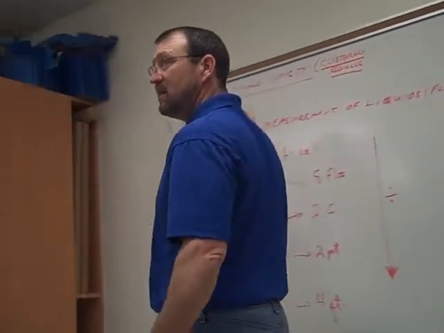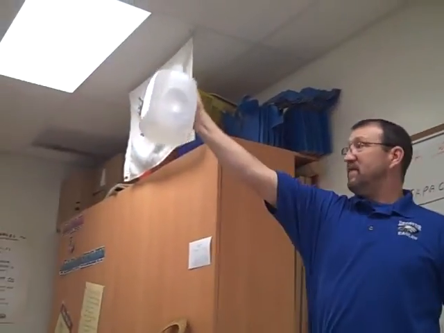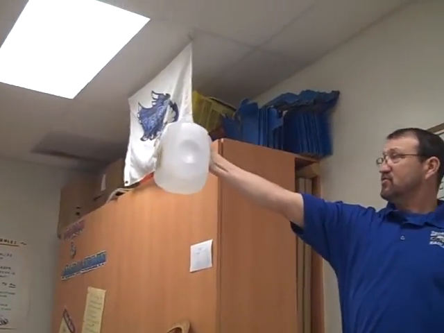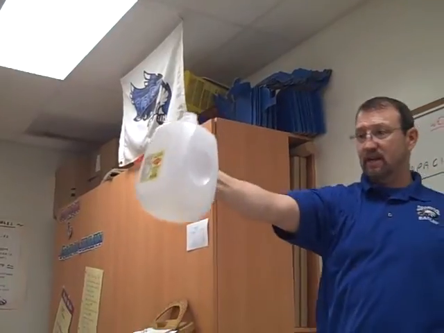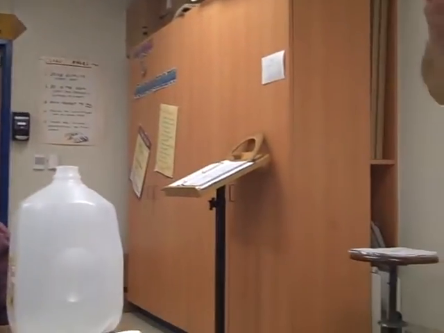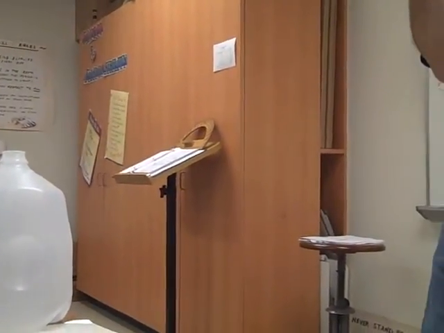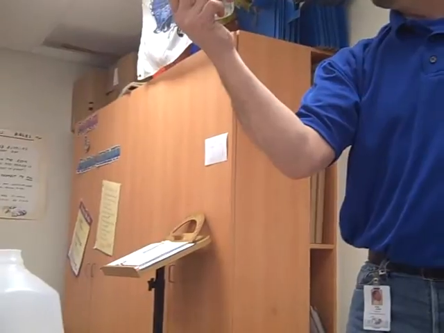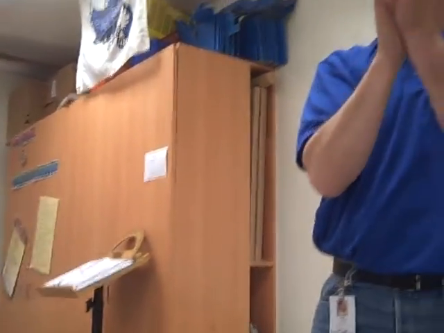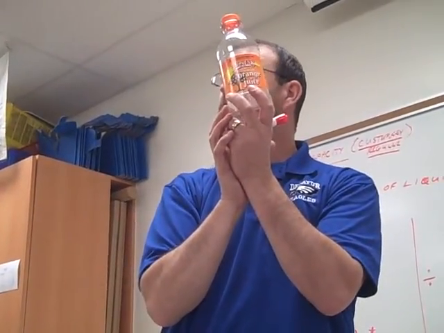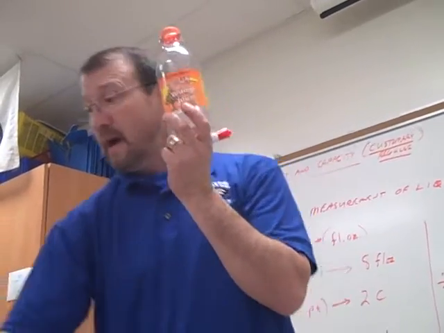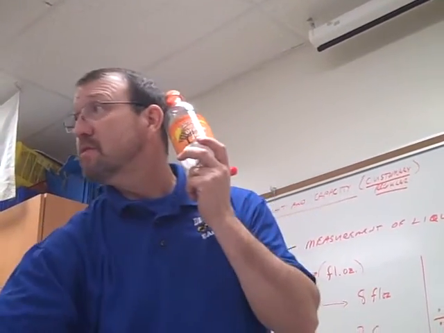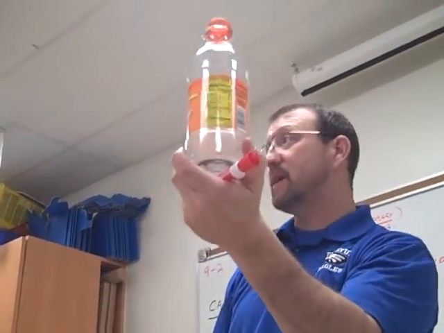I have 5 gallons sitting here of tea. I need to put it in quarts. I'm going from large measurement into smaller. How many of these can I fill up? 20. I got 5 of these, and I got to turn it into these. 20.